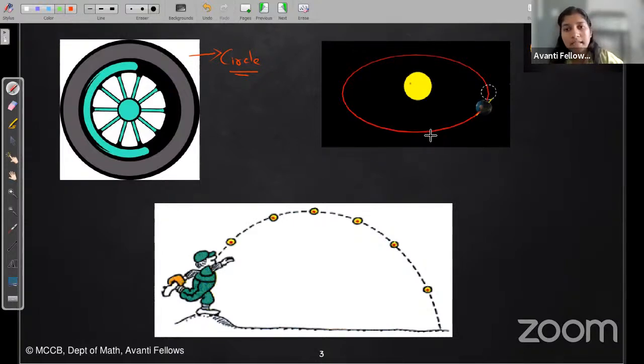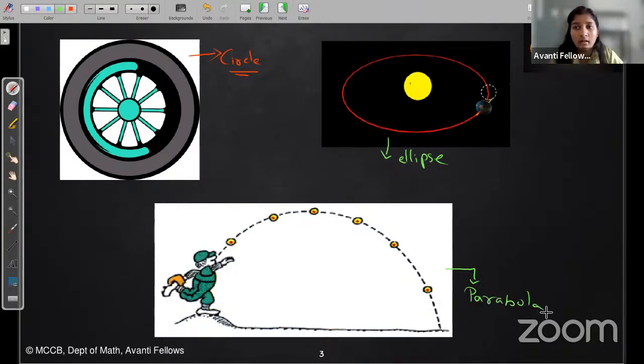Very good. It is nothing but an ellipse. And here you can observe a boy throwing a ball. So what is the path covered by the ball? Yes, very good. It's nothing but a parabola.